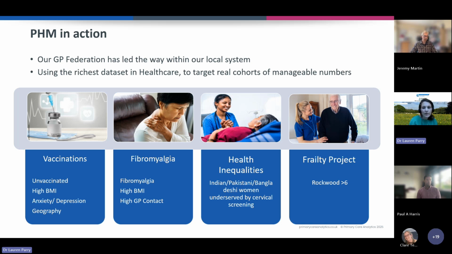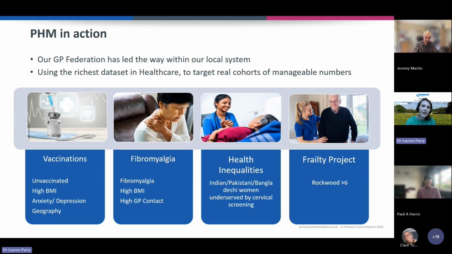Working with a cohort of 96 people with fibromyalgia, they were able to develop a series of education sessions, both in person and online, and personalised care plans. And that enabled them to not only have better health outcomes, but also reduce the intensity of appointment use in general practice.